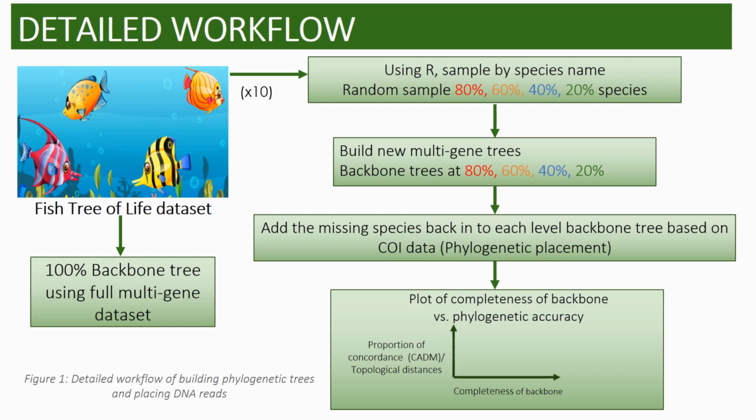There, I've calculated the phylogenetic concordance by comparing the matrix generated using each sampling level's backbone tree to the 100% reference tree. Here, I've repeated the same procedure 10 times in order to obtain replicates of different levels of sampling completeness in the backbone trees.